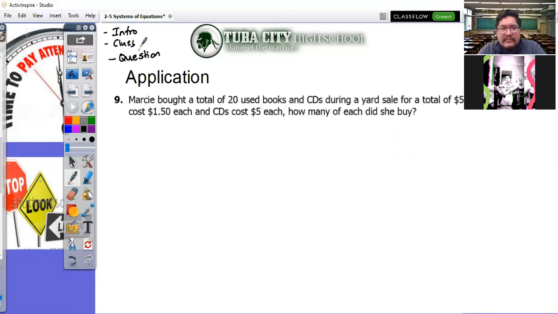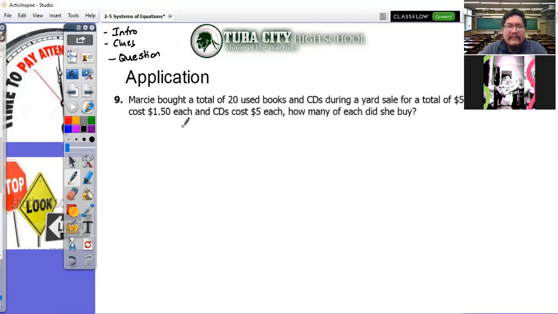So the introduction: we know that there's a yard sale, and this person bought several items from this yard sale. Clue statement, so these are usually the ones with the numbers in them. The clues are books are $1.50 and CDs are $5, and that she bought 20 of these in whatever combination. So the question is, how much of each did she buy? So we actually have to answer 2 questions for this. All right, so let's go ahead and start putting them together.